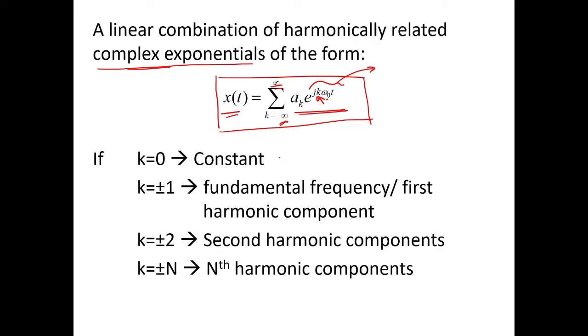Okay. So when k is 0, this component becomes 1, right? And we get a_k, which is basically a constant. So what is this constant? Suppose you are analyzing any signal. We have a sinusoid signal like this. Okay. Now, in some cases, you may find the sinusoidal signal has shifted up.